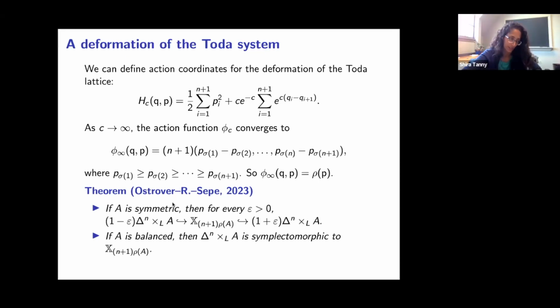So as C goes to infinity, we have these natural domains that are going to be inside of the Lagrangian product, and they could be converging, but in a non-exhausting way. That's what happens, for example, if A is concave: they will converge, but usually not in an exhausting way. But if it's balanced, then we can prove that they will converge in an exhausting way, and that we get the symplectomorphism.